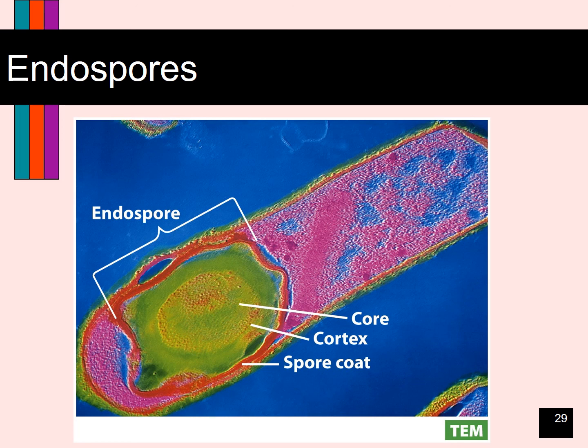It's not reproduction, because you started with one cell, it became a spore, and then the spore became one cell. So there was no increase in numbers. This is more a state of differentiation than it is reproduction.